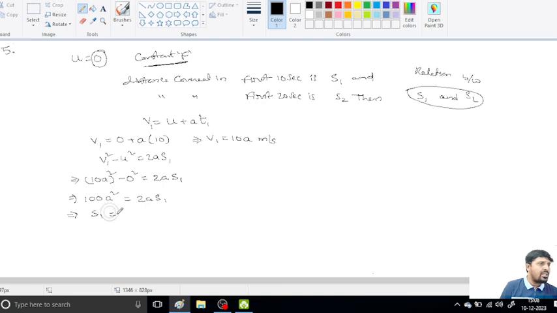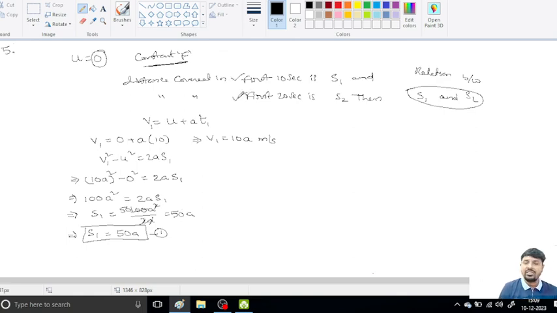So s1 is equal to 100a square by 2a, which is 50a. So s1 is equivalent to 50a. This is the first situation, and now it is over.